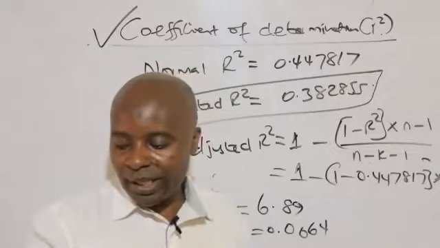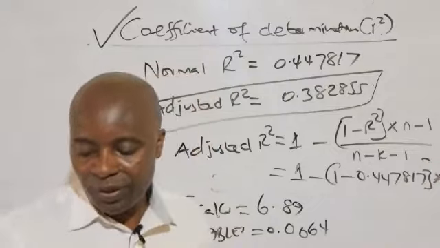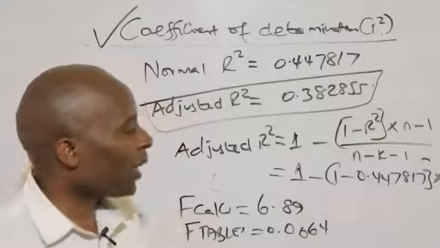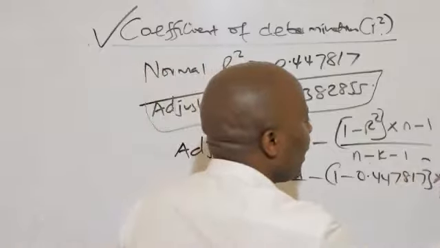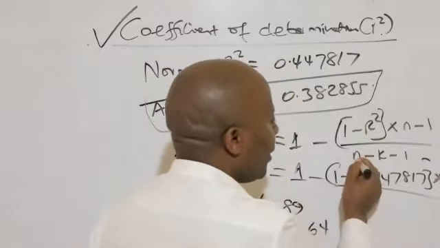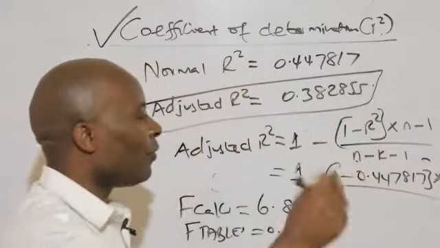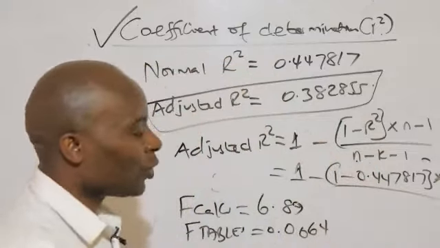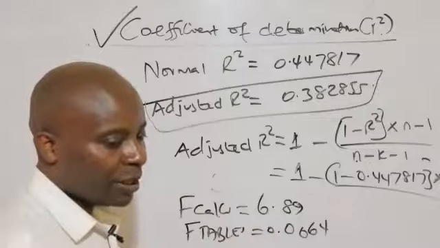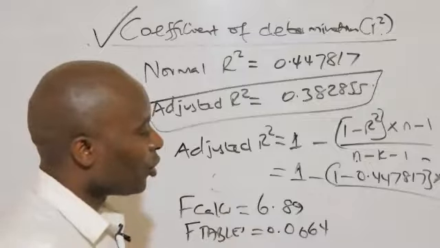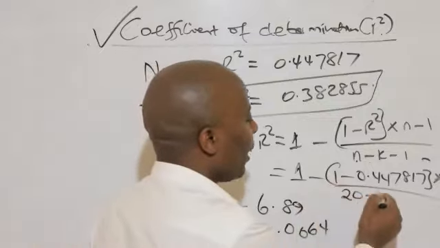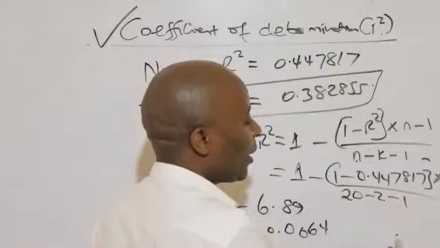They told us that our sample size observations were 20, so 20 minus 1 gives us 19. All over n is 20, k the number of predictor variables was 2. So you talk of 20 minus 2 minus 1.